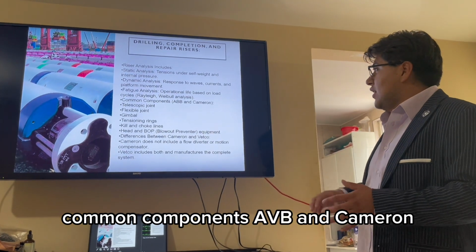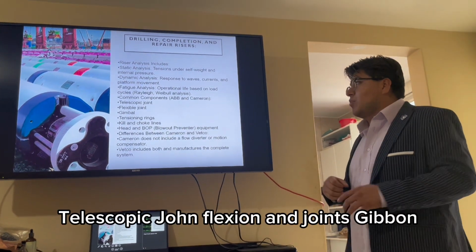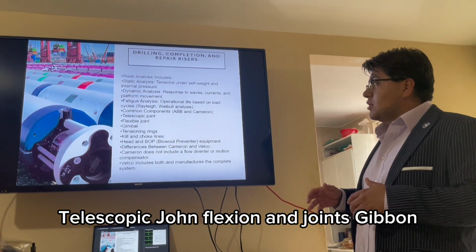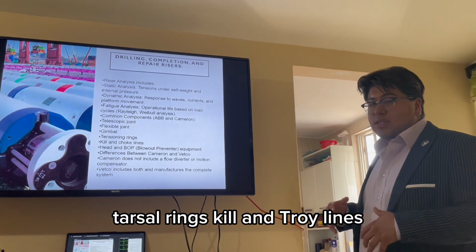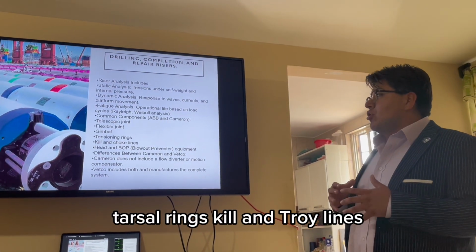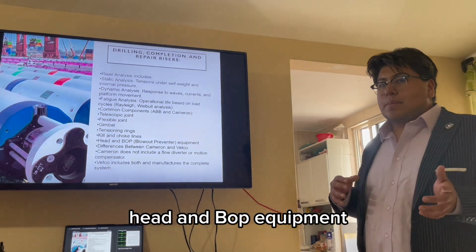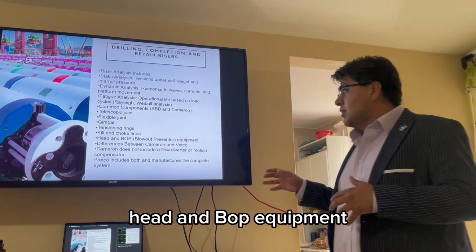Common components, ABB and Cameron: telescopic joint, flexible joint, gimbal, tension rings, keel, and choke lines, head and BOP equipment.